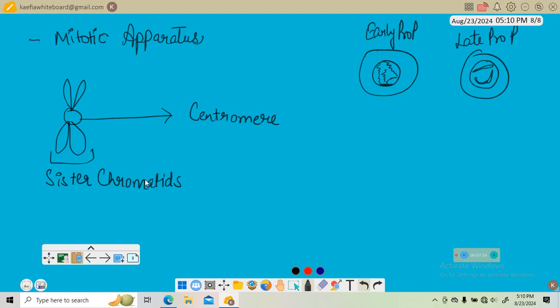Then here we have a kinetochore. After the centromere there is the kinetochore.